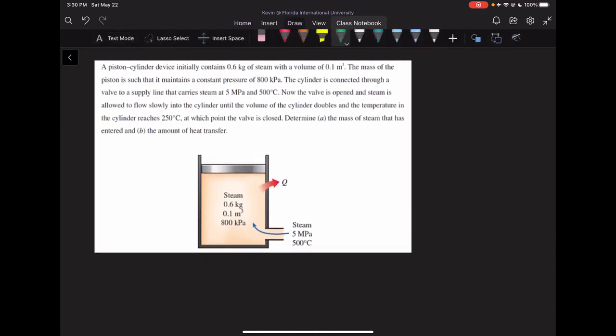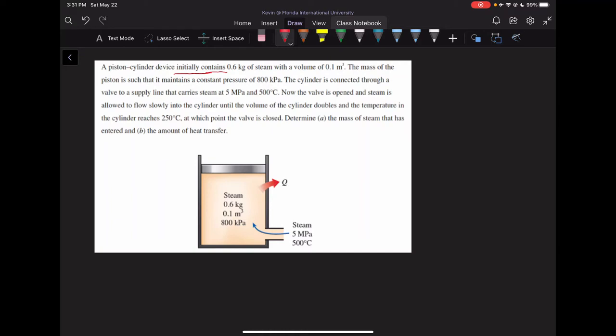So we are told that a piston cylinder device initially contains 0.6 kilograms of steam. So we know that it initially contains, so that's probably state 1, 0.6 kilograms of steam with a volume of 0.1 meters cubed. The mass of the piston is such that it maintains a constant pressure of 800 kilopascals.